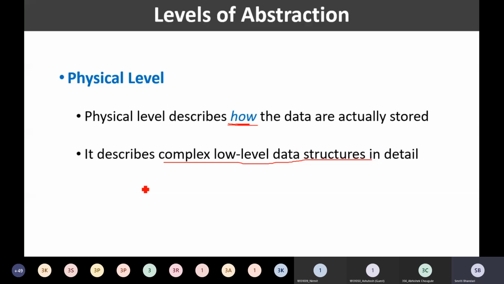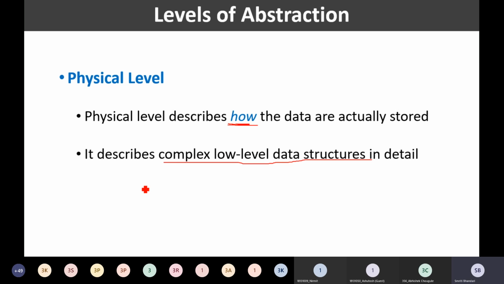Typically, the database administrators, or whoever deals with the design of a database management system, only need to deal with this physical level.